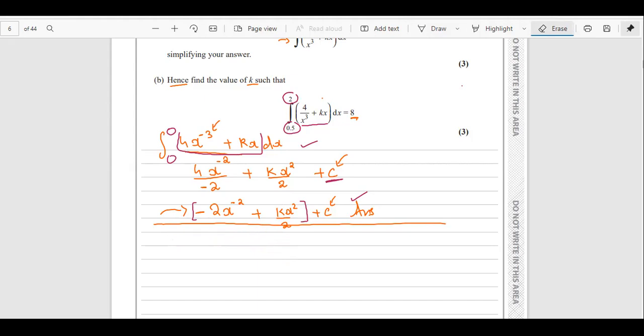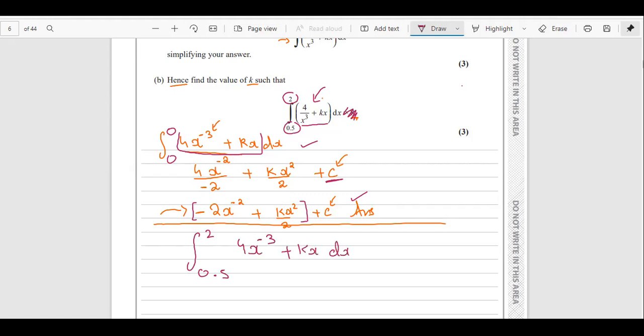Now, basically in this, forget about what we have to find in the second part, forget about this K and all that. Let's not talk about that. We are talking about integrating this expression. So how do we do it? We write down the integral again from 2 to 0.5 of 4x to the minus 3, plus kx dx.